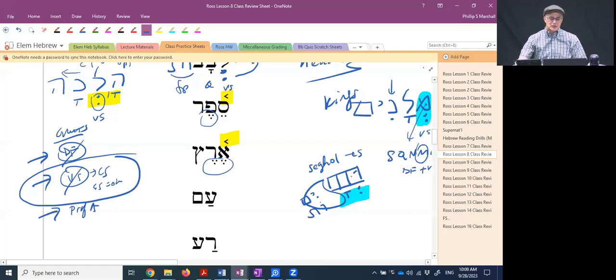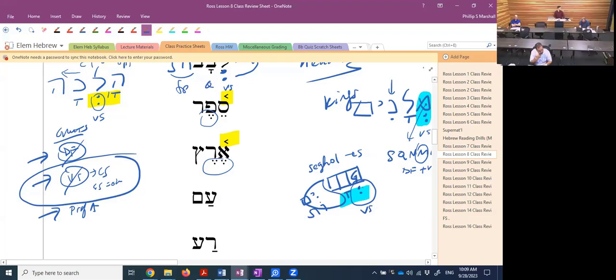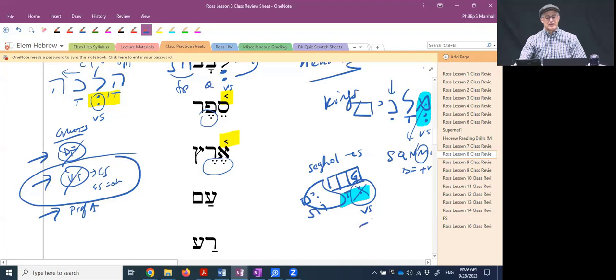If a guttural happens to be the first consonant of a word and I've got a plural form, a vocal Shavah wants to go there, doesn't it? What will it have to do? Compound. It'll have to change this vocal Shavah to a compound Shavah, like the Kathef Pathak or something else.